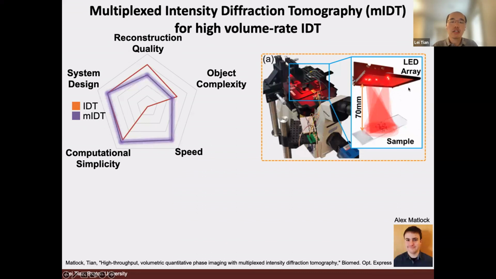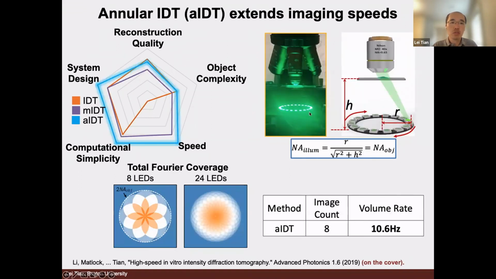Later we built our own circuitry because of timing and control issues with the commercial ones. So we had to build our own for this large matrix. Then we realized that this is actually not very optimal, so we switched to this one. This one is a 24-LED ring, still from Adafruit. If you don't know Adafruit, just search. It's kind of like a hobbyist maker's website.